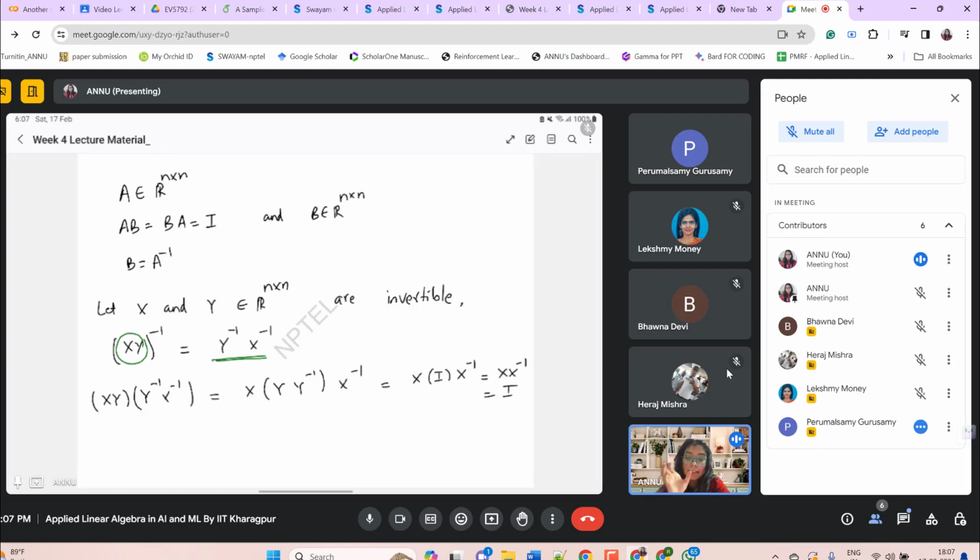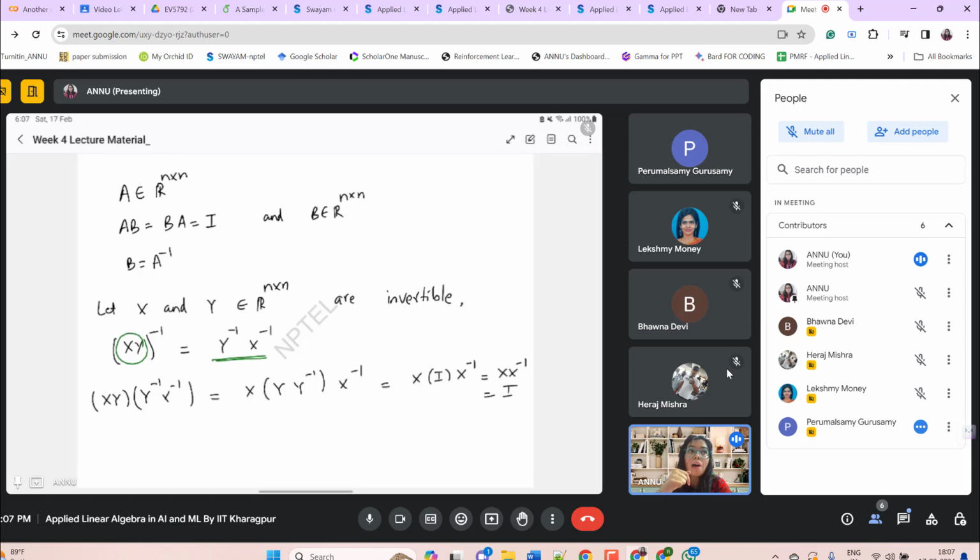Why wide matrix? Because in a wide matrix you will have more unknowns than equations, and in the right inverse case there is always a solution, whereas in the left inverse case it is not guaranteed that there will be a solution. It can have a unique solution, it can have no solution. But in the right inverse case we saw there will be many solutions, so at least one solution will definitely exist.